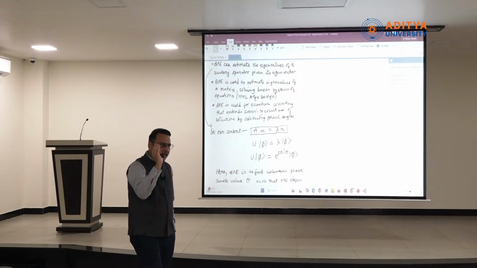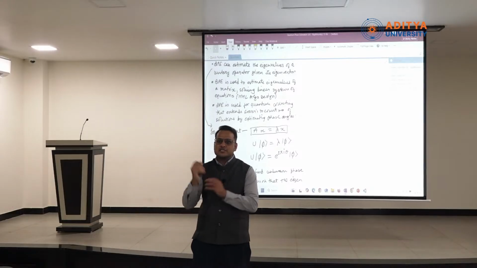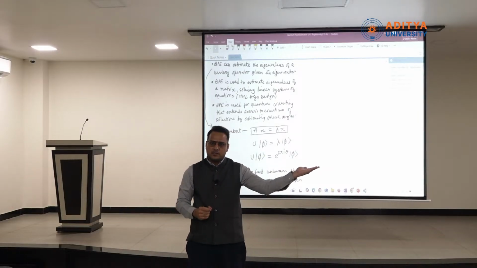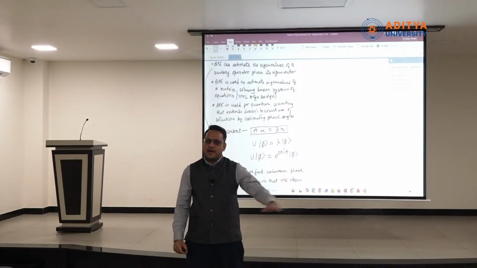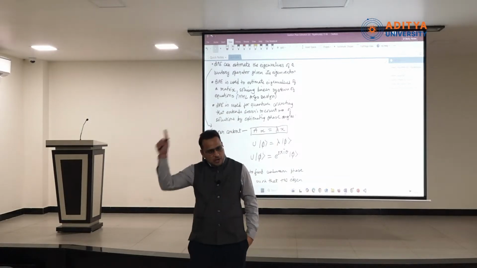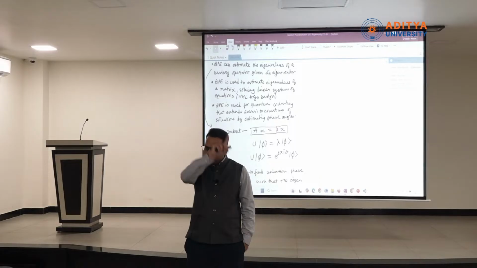If we take the unit circle into consideration, we start from 0, pi by 2, pi, 3 pi by 2, and then again 2 pi. So again our quantum state starts revolving around the unit circle.